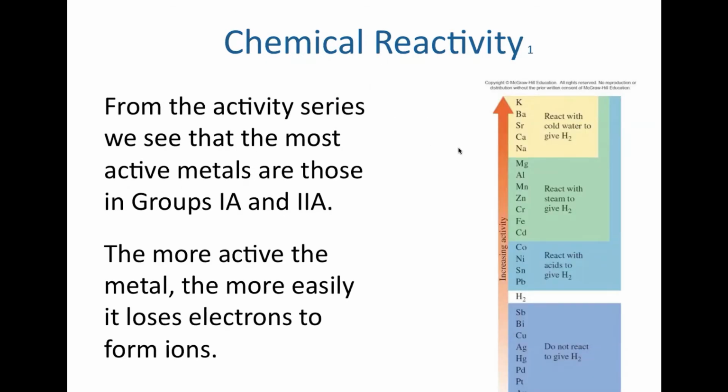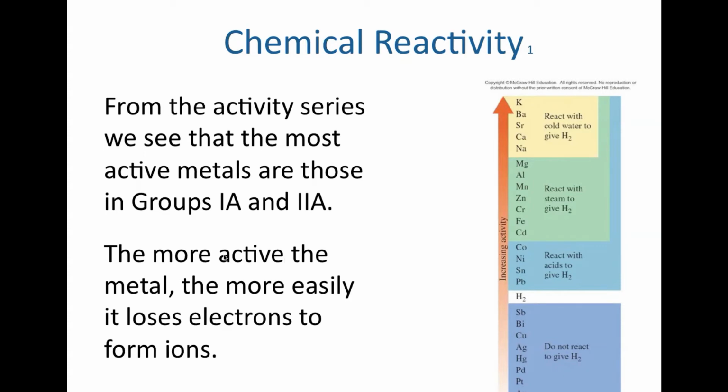We talked about the activity series. The most reactive metals are the most down and to the left on the periodic table. The least reactive metals are the most up and to the right, essentially. So we see that the most active metals are those in the 1A and the 2A, really far to the left on the periodic table.